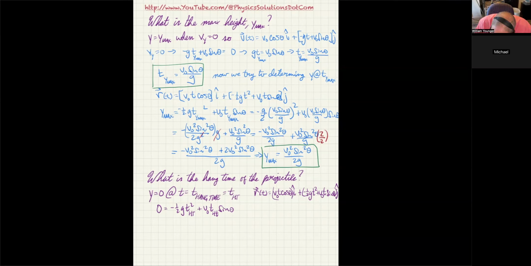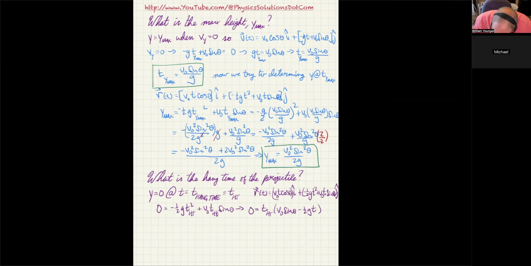Now I can factor out a common term of t hang time, and that's going to give me 0 is equal to t hang time times v0 sine theta minus 1/2 g t.